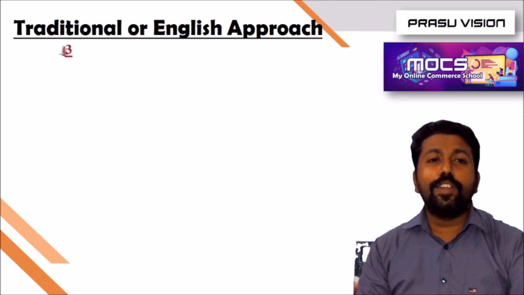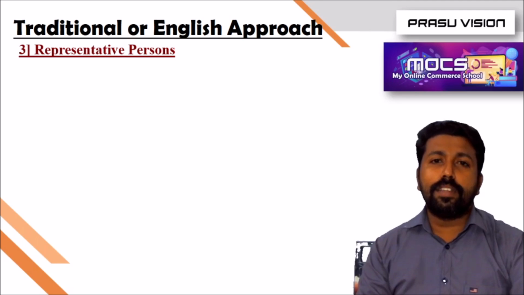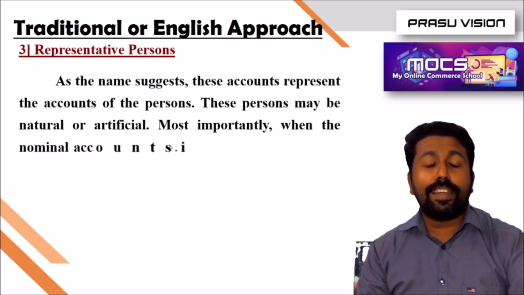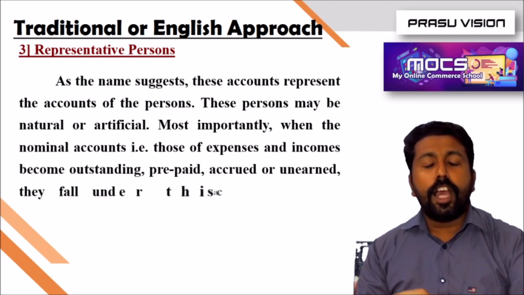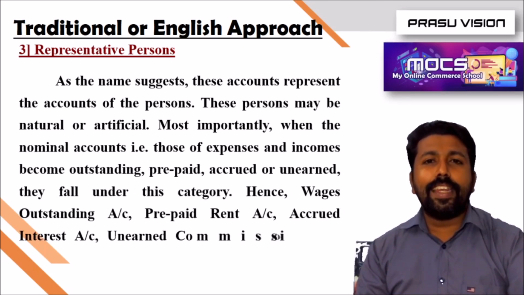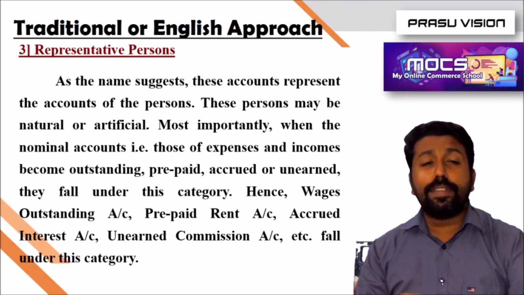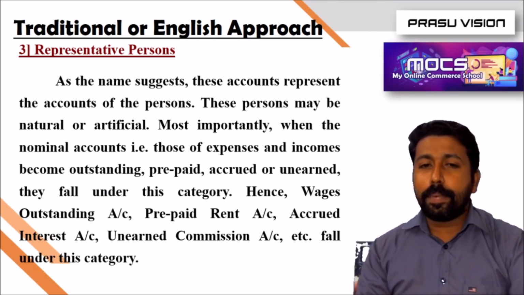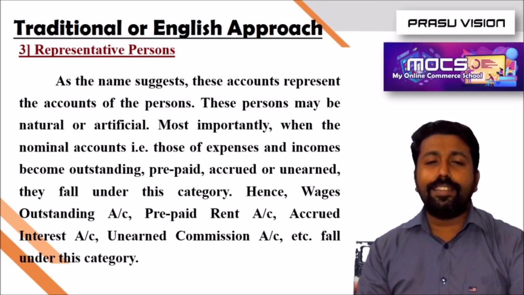And the third category includes representative persons. Please remember, there are a few sometimes confusing examples, and I will definitely give a guarantee: the concept related to representative persons will be very clear when you learn the topic journalizing.